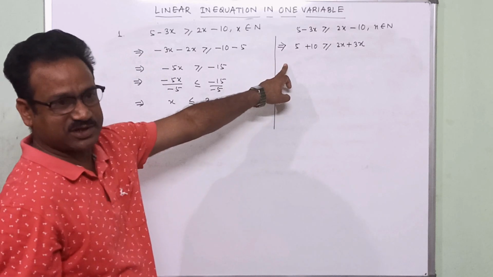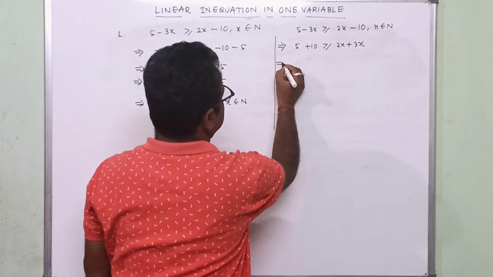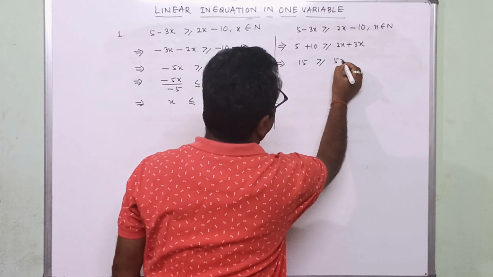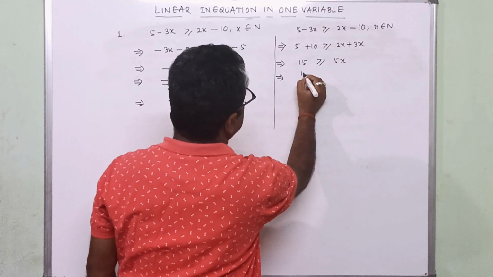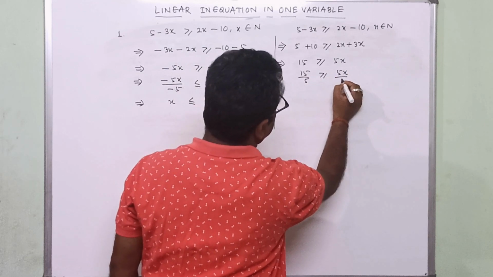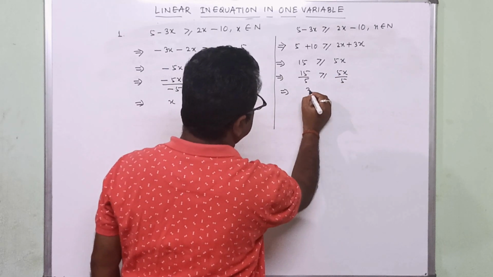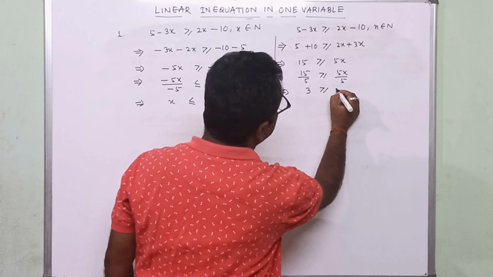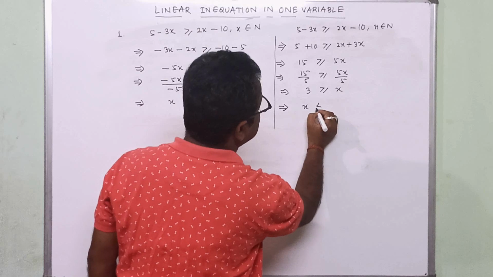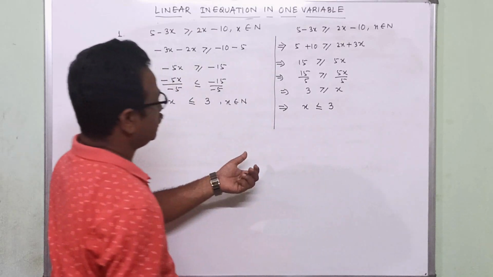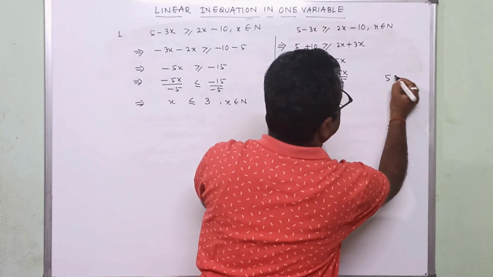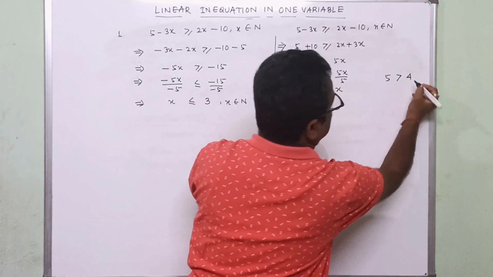Now come to this case. What are we getting? 15 greater than equal to 5x. That implies 15 by 5 greater than equal to 5x by 5. That implies 3 greater than equal to x. That implies x less than equal to 3. How? Suppose you know 5 greater than 4.